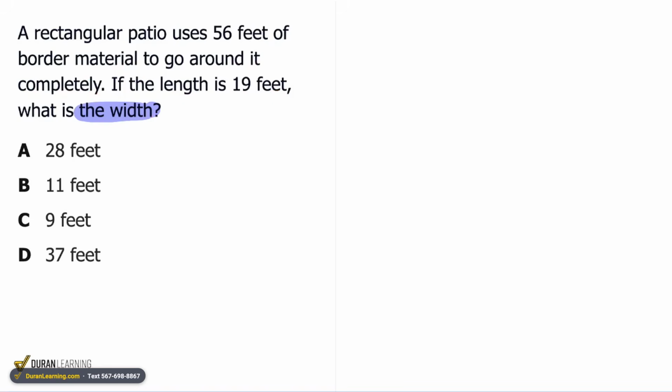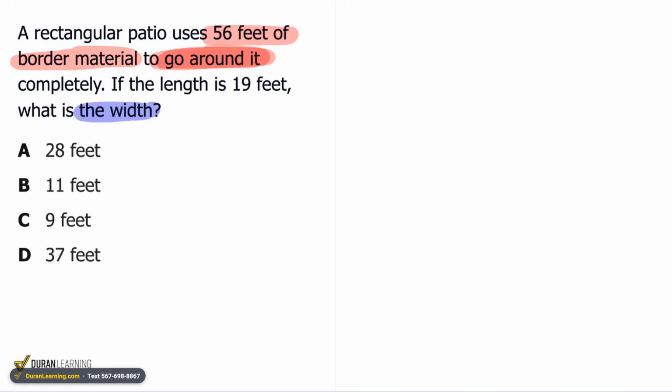But this is the information that's really going to get us hung up. Right here, 56 feet of border material to go around it. That's the key there, everybody. 56 feet of border material to go around it. So thinking about that, what does going around a shape really mean?